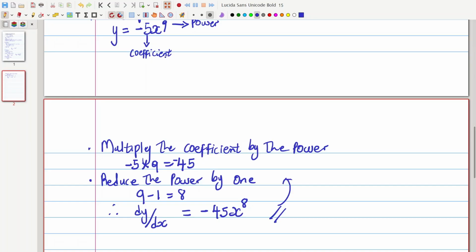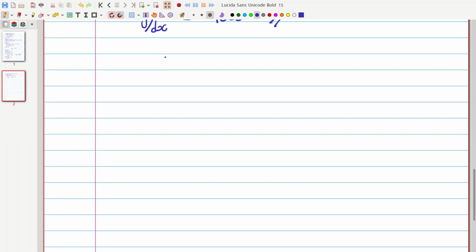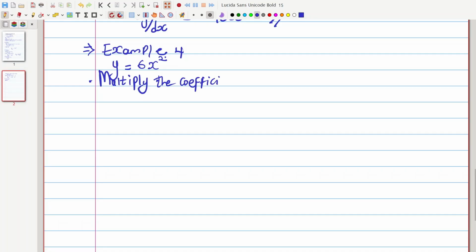We'll be looking at another example. Example 4. y is equal to 6x raised to power 2. First step, multiply the coefficient by the power, which is 6 times 2, which is equal to 12.